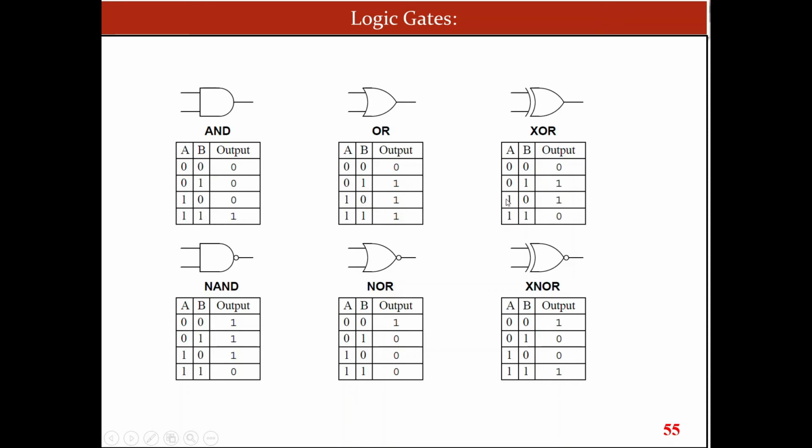If one is 0 and the other is 1, the output is 1. For the exclusive NOR gate, if both are similar, 0 0, the output is 1, and 1 1, the output is 1. But if 1 0 or 0 1, the output will be 0.